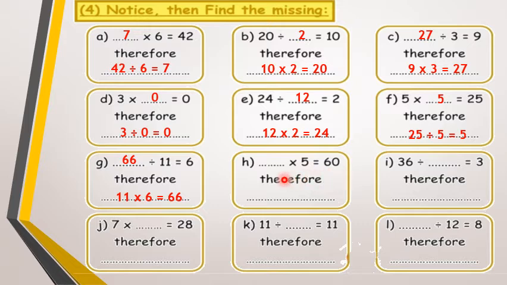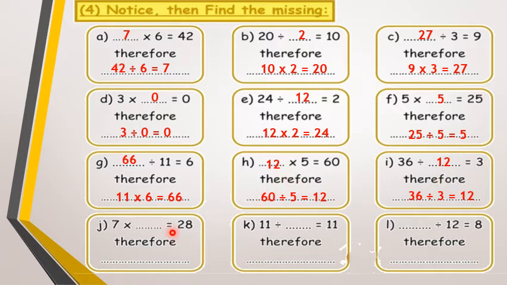It means that when you divide the 60 by any of these factors, it will give you the other factor. So 60 divided by 5 will be 12. Now 36 divided by what gives you 3? It will be 12.